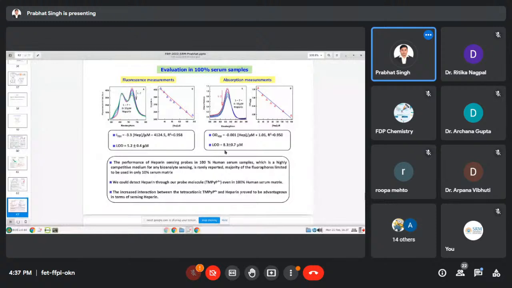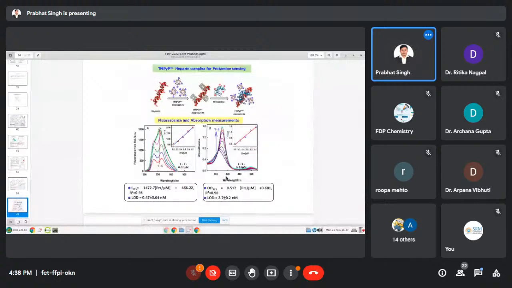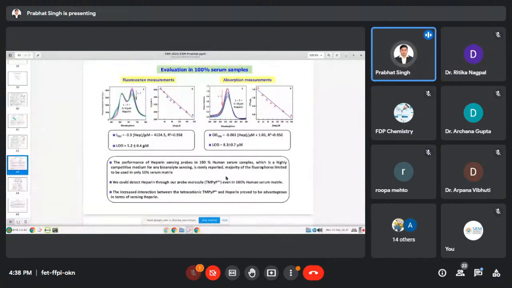But then let me quote you this literature, that the performance of heparin sensing probes in 100% human serum is rarely reported. I think there is only one probe. Let me show here, Mallard blue. So there is only one probe so far in the literature that works in 100% serum. That's Mallard blue, and it was published some 7 years back in JACS, I would say.